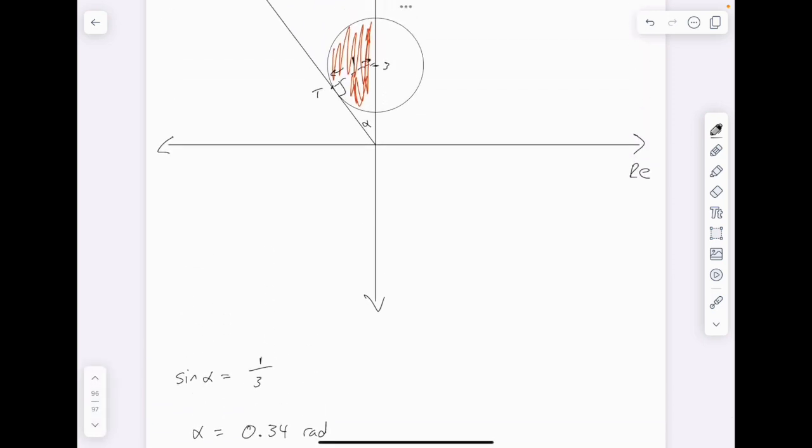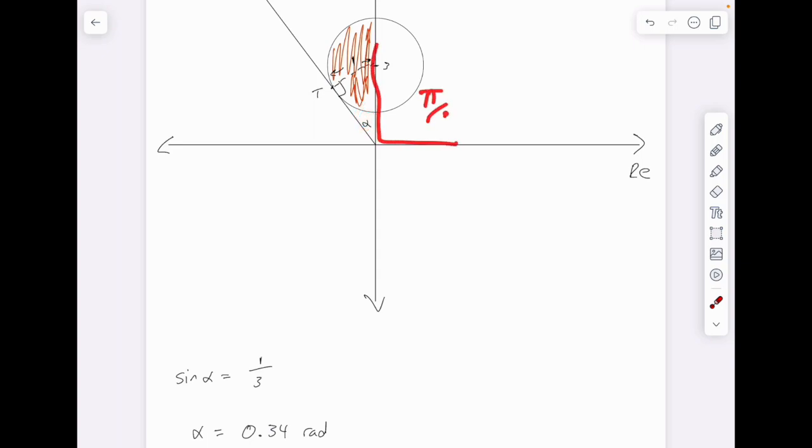Now, the thing to represent is to say, okay, cool. We've got alpha now. How do we find the greatest value of arg z? Well, the way we find the greatest value of arg z is to remember that arg z encompasses this entire angle, like this. So we've got alpha, and we know what this is.